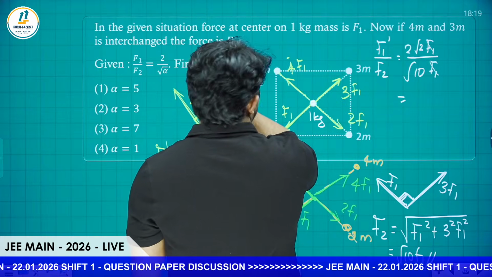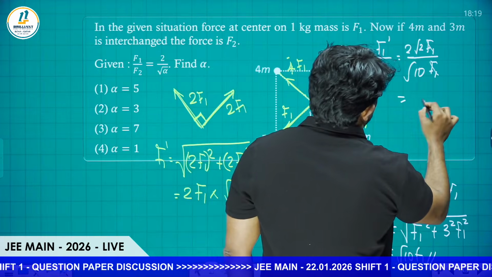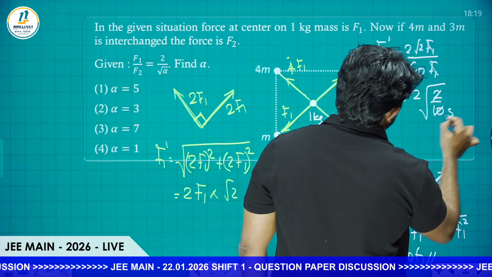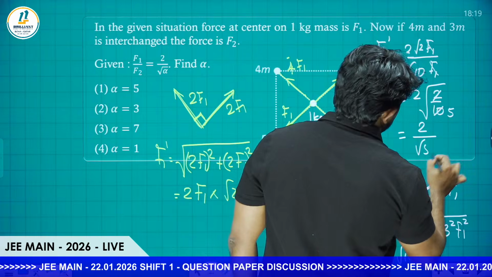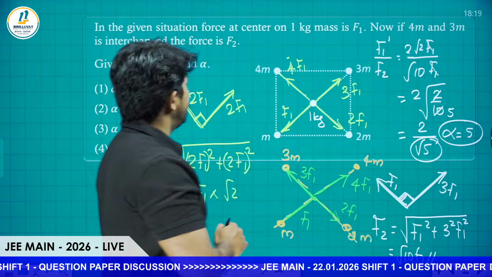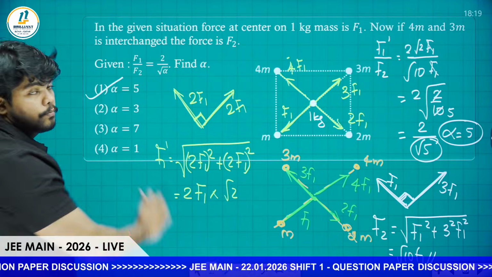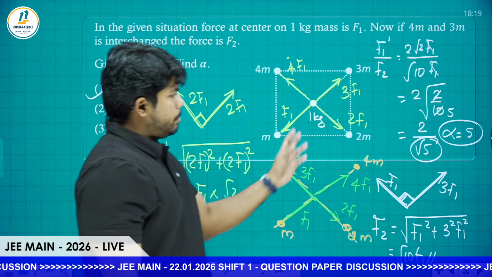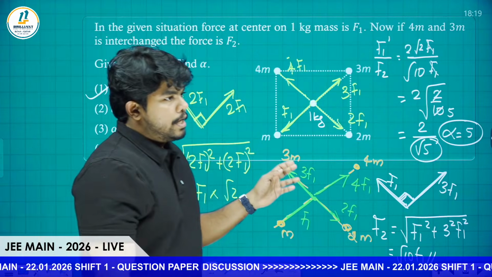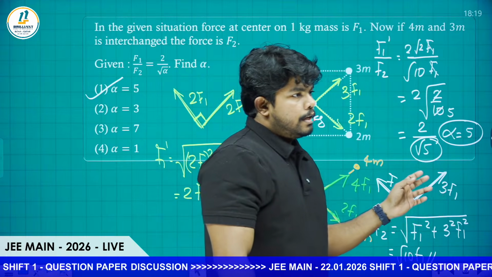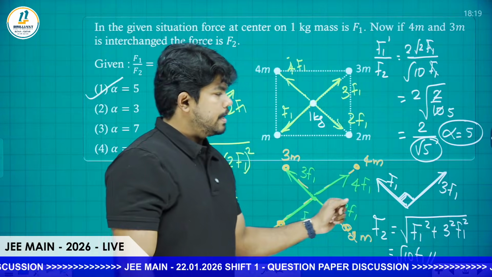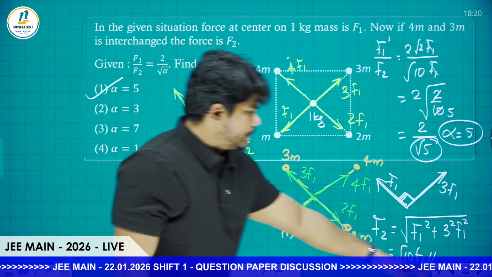I can write 2 root of 2 by 10, that will be 2 by root 5. So what is alpha here? Alpha is nothing but 5. Okay, 5 will be the value. Somewhat calculative, but the ideas of vector and gravitational force we are using here. Second shift we are doing, we will definitely do it. Okay, moving on to the next one.